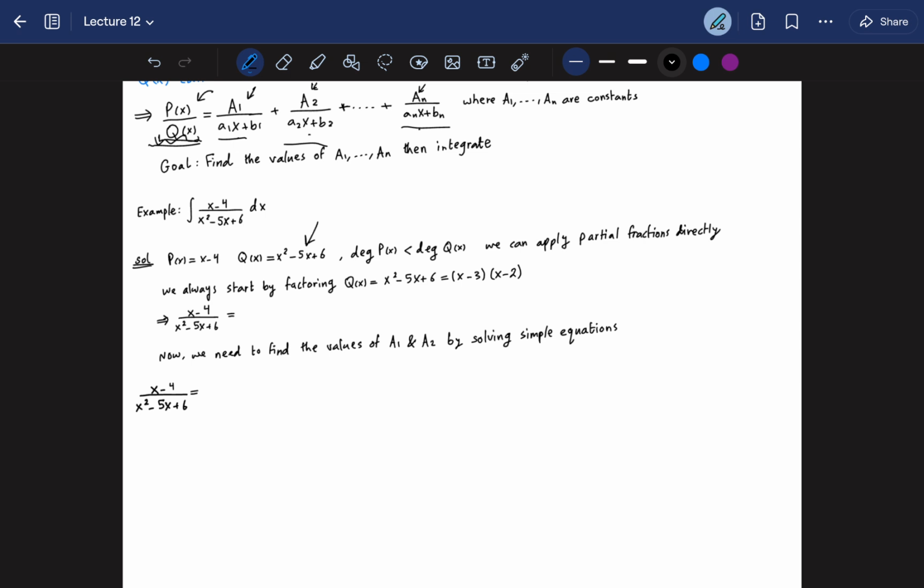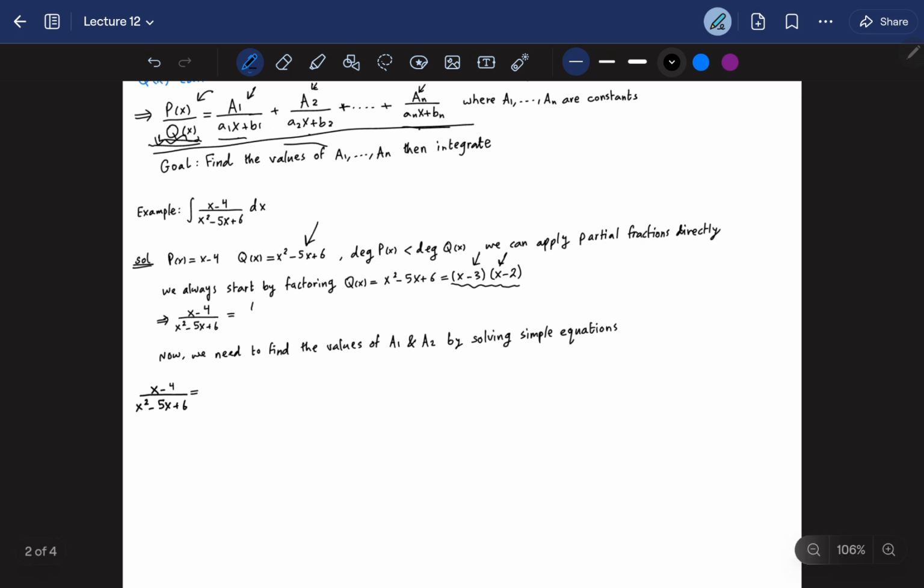Then, if your denominator is not factored, you need to factor it using factoring methods. And then, let's see what happens. Now I have two linear factors. We don't have any repeated factors, so we just apply the decomposition that we talked about here.